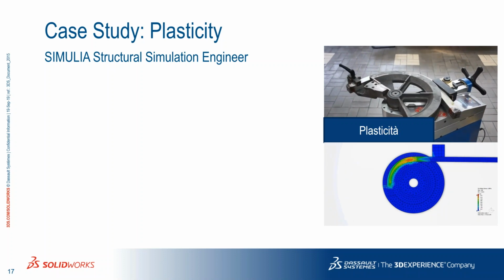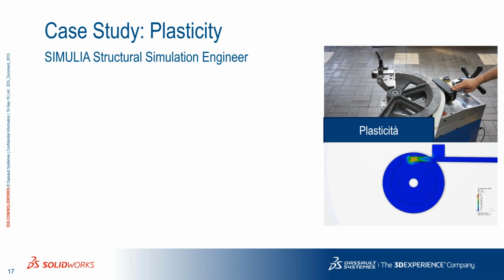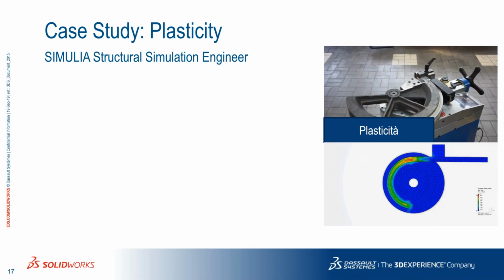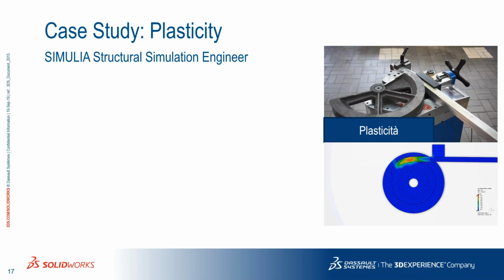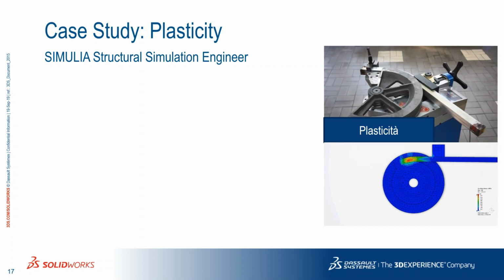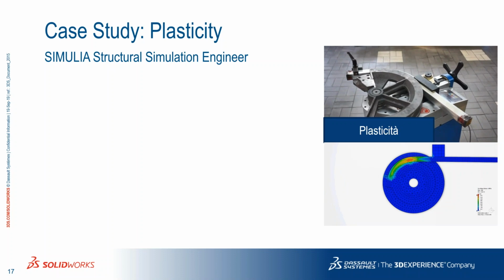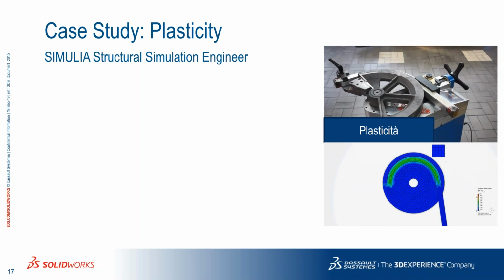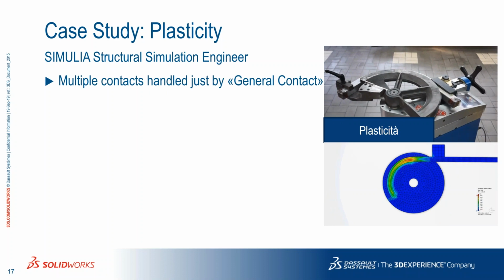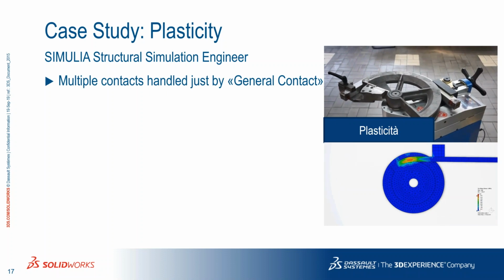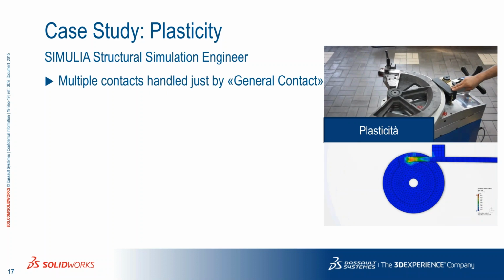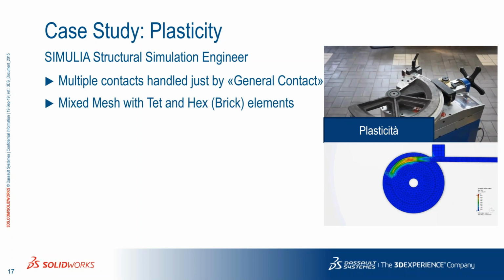You can see the rotation in the first step of 180 degrees, and then the release, and it happens, of course, that the plasticity inside the material has bent the profile permanently, and so I can see the results of the bending. Here I have multiple contacts handled by the general contact. You will see this in one of the previous webinars that I've already done.